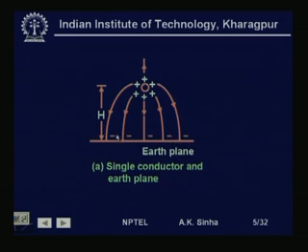So, the effect of earth is to change the configuration of the electric field lines, and thereby this will affect the capacitance of the conductor system.